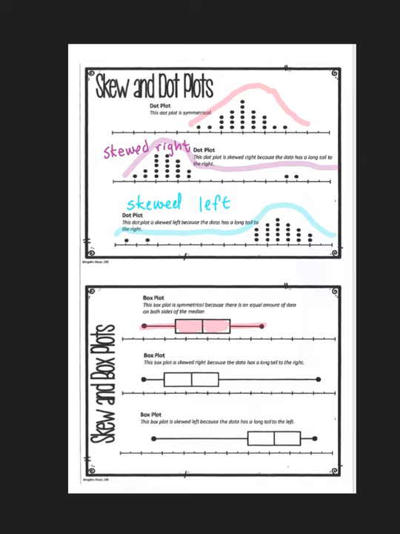Then the next one, I see that right here, that long tail to the right means that it is skewed right. And then this next one, the long tail is on the left, so that means that it is skewed left. So that's kind of how you can tell if it's skewed, and a lot of times that's caused by the outliers.